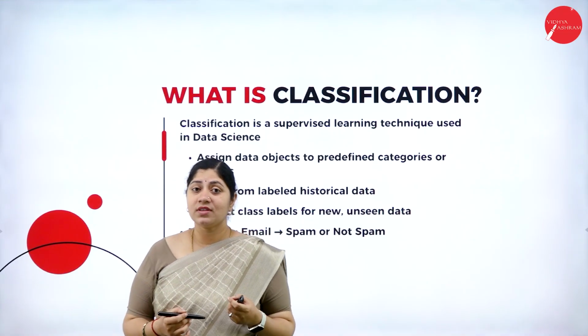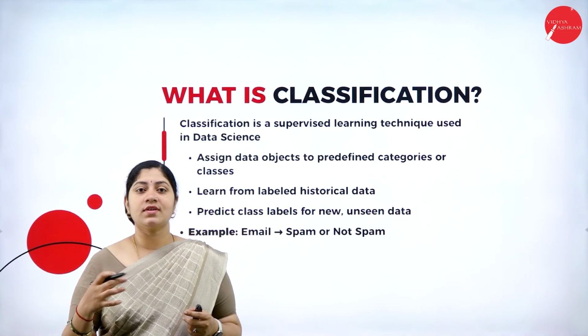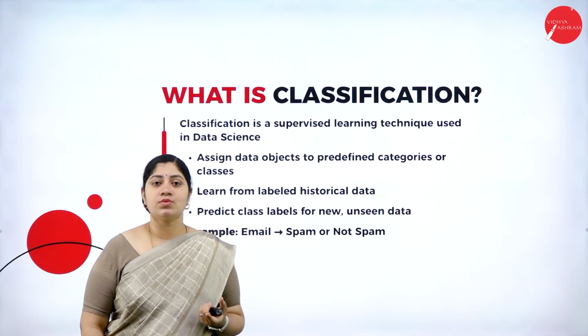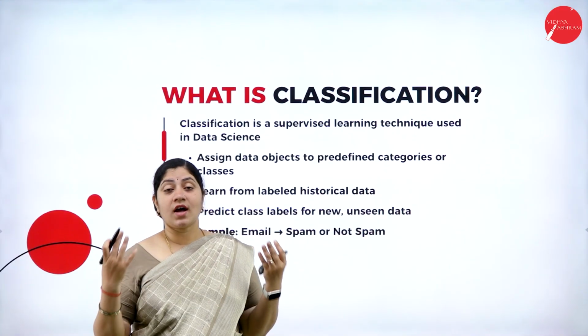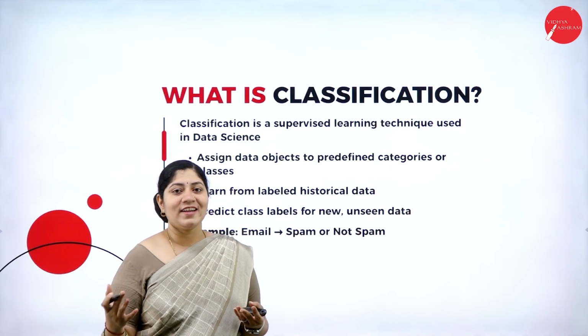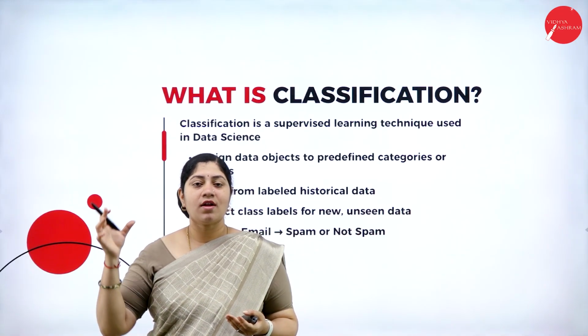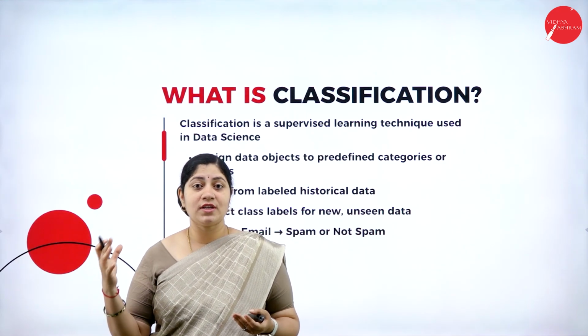Further, it is used to predict the classes or class labels that can be utilized to study the new as well as unseen data available in data science. So let's consider an example of emails. For example, our mails will be completely filled.